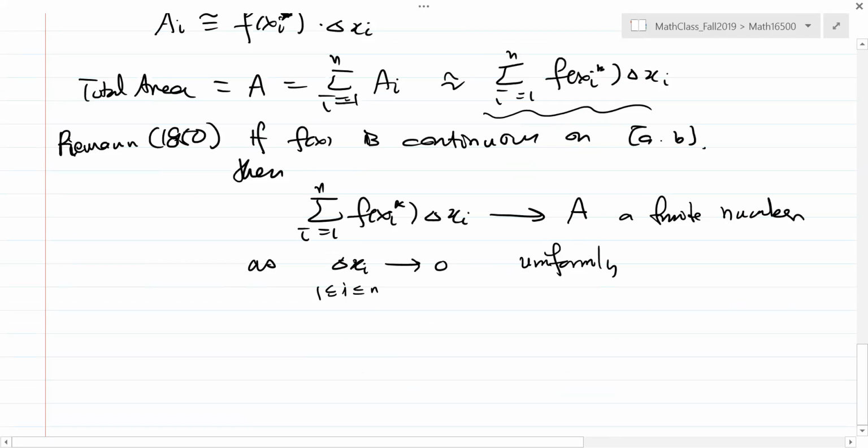Riemann is a German mathematician. In my opinion, modern science, especially mathematics, was created by German mathematicians, like the famous mathematician Gauss. Riemann is after Gauss.